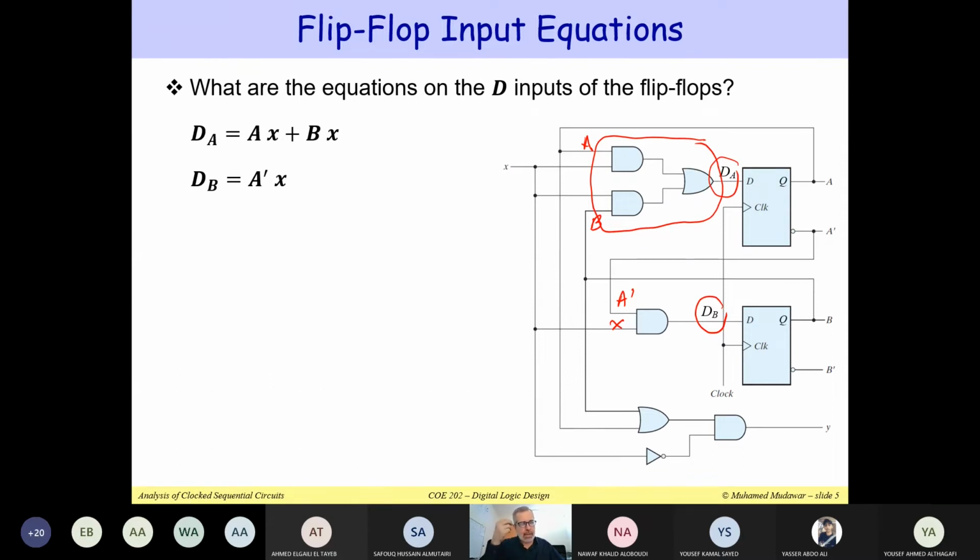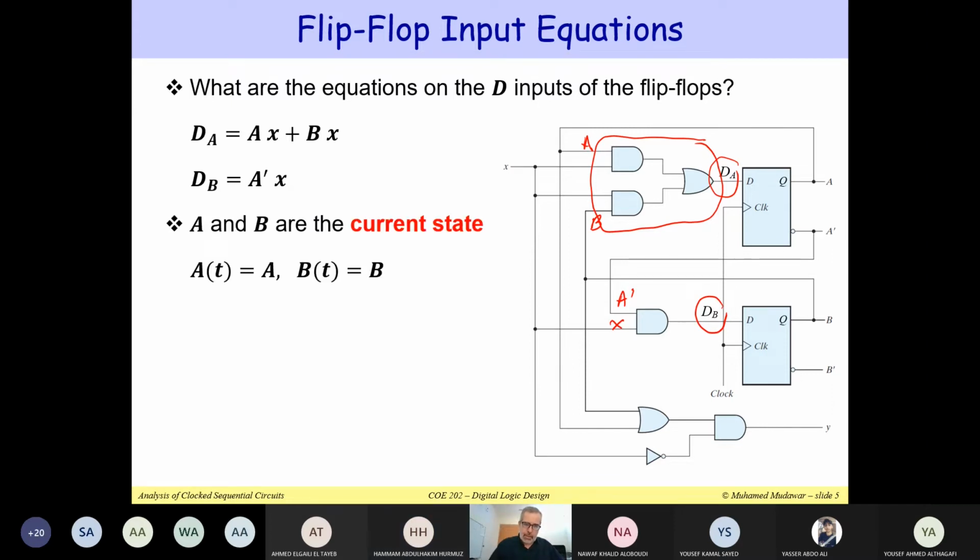Now, what does it mean to have equations at the inputs of the flip-flops? What's the meaning of DA and DB in the case of D-type flip-flops? Well, yes, but these are called the next state equations. So A and B, these are the outputs. These define the current state or the present state.